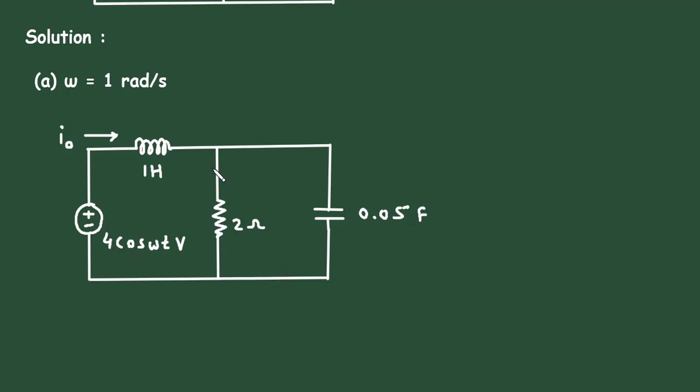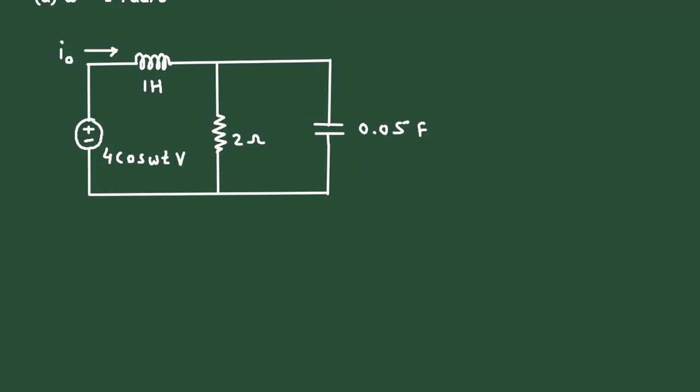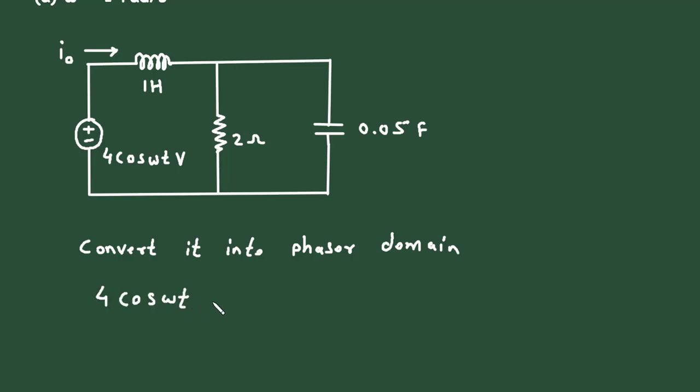We will convert this into its equivalent phasor domain. So here it is 4 cos omega t volt. So this will be 4 at an angle 0 degree volt. This is Vs.